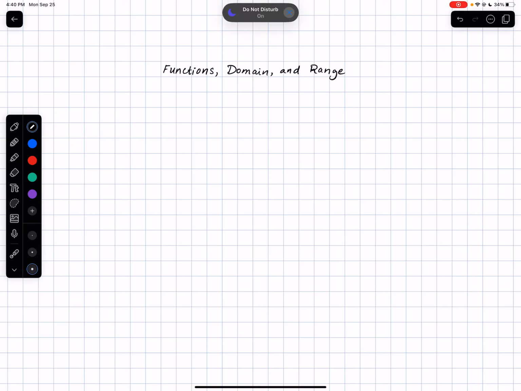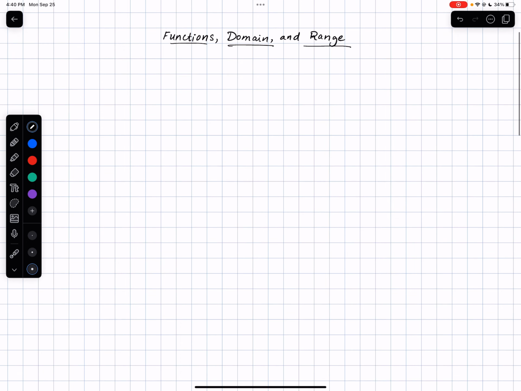Hey everyone, so today we're going to be talking about functions, domains, and ranges. Let's say we had a graph that looked like this. Just think that each x value goes by 1, so 1, 3, and so do the y values: 1, 2, -1, 1, -2.